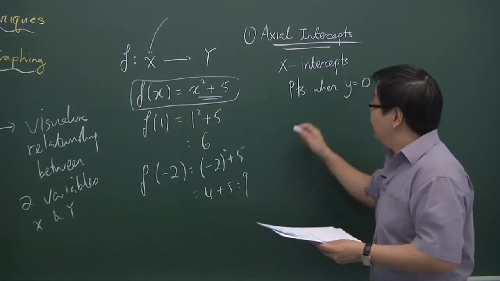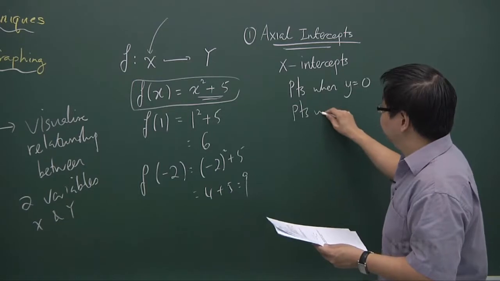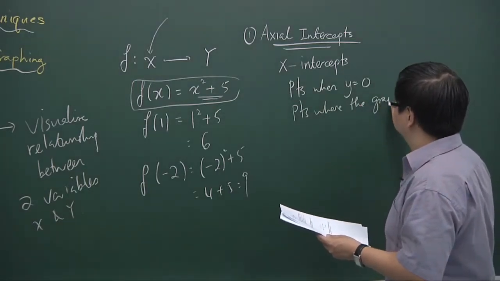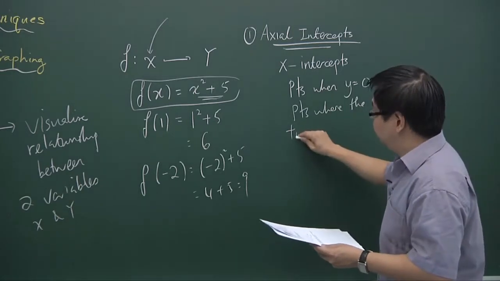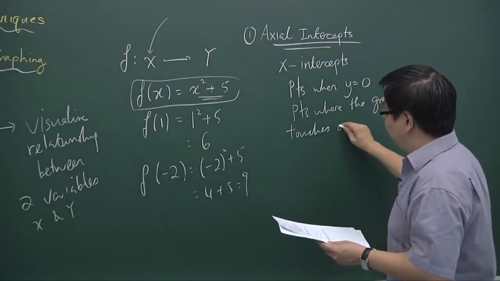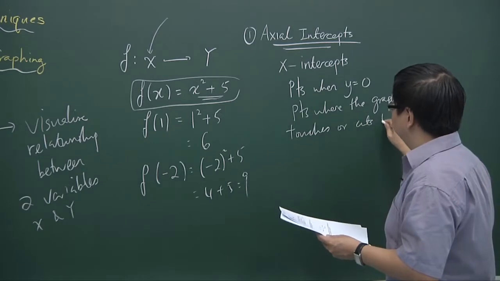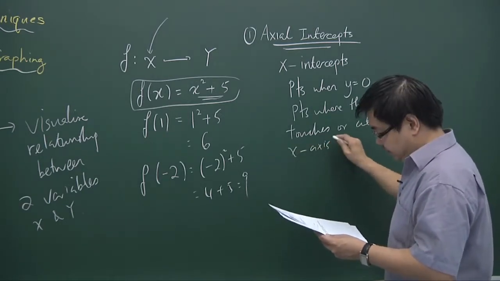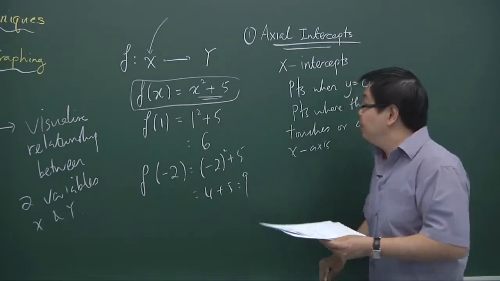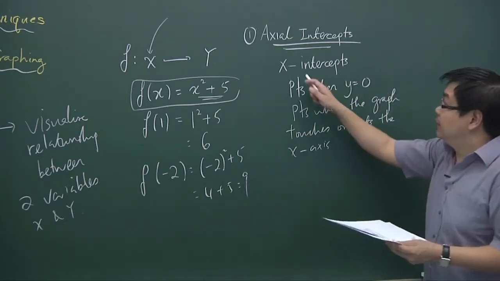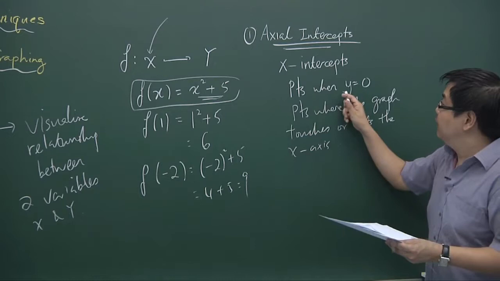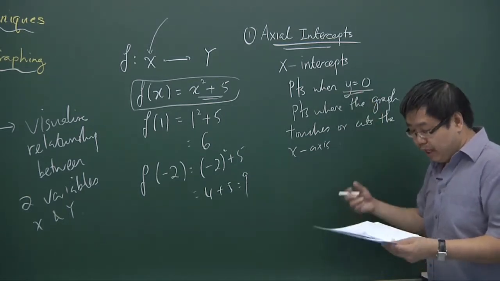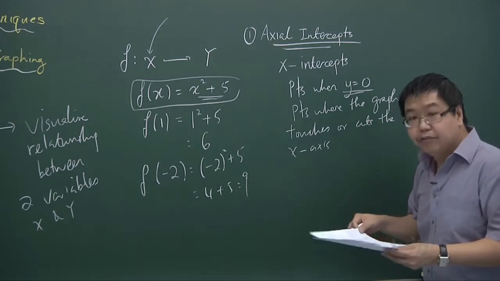That means those points where the curve or the graph touches or cuts the x-axis. So to be able to find the x-intercepts, we simply let y be equal to 0, and from there, you find the x values.